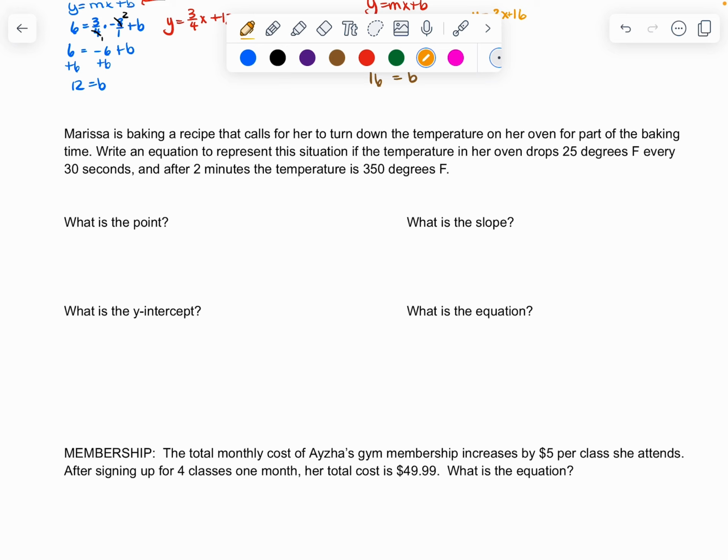Okay, so the temperature in her oven drops 25 degrees every 30 seconds. Okay, and then we have 2 minutes is the temperature at 350 degrees. So what are we talking about? Normally time goes first, and then we have degrees.